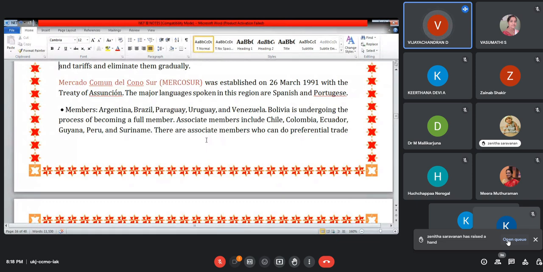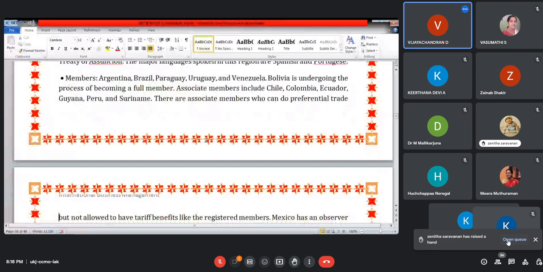The union was established on 26 March 1990. Mercado Común del Cono Sur. It's an association with major languages spoken in the region. The member countries are given here.